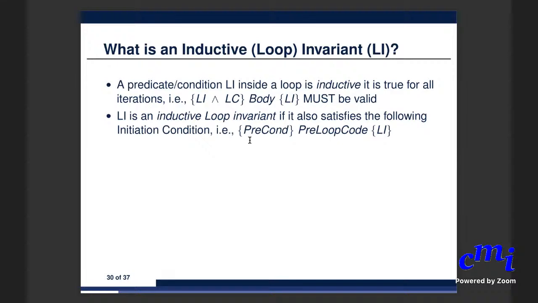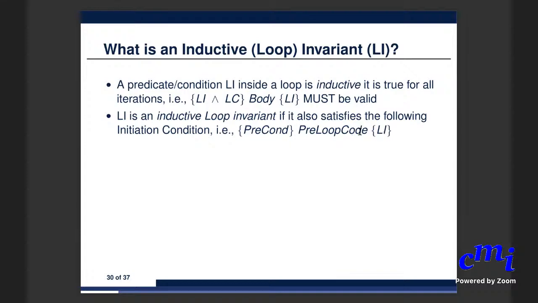You start from the beginning of the program, execute with whatever precondition is associated with the entry point, and execute the fragment of code prior to the loop, then the loop invariant has to be true upon the first entry.